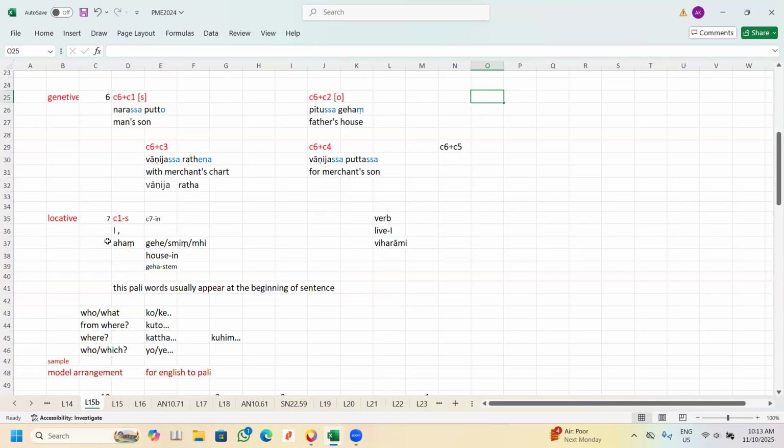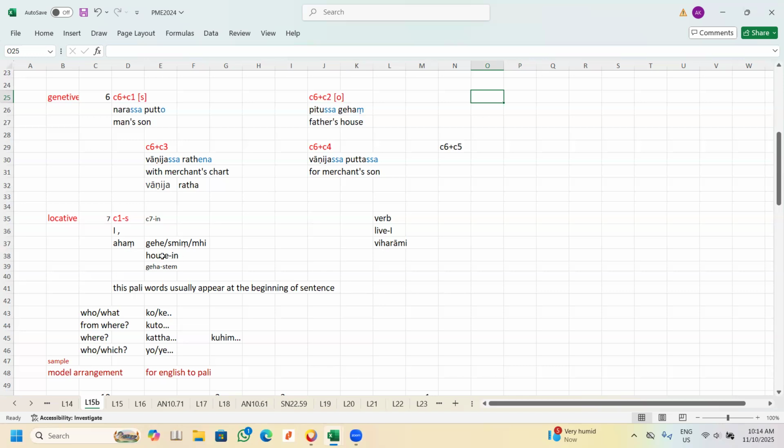So then you see in a locative, normally we put the subject here. Then we will use the locative immediately. For instance, Geha is a house, or you get Gehasmin or Gehambi. In this case, they mean house in.